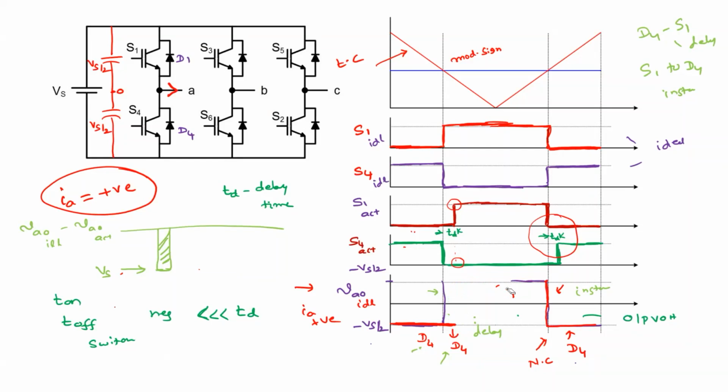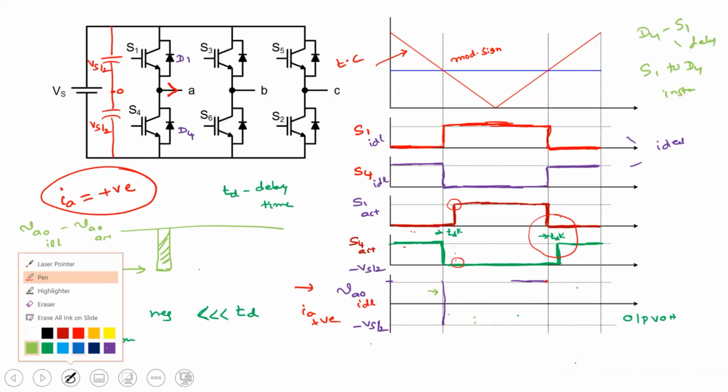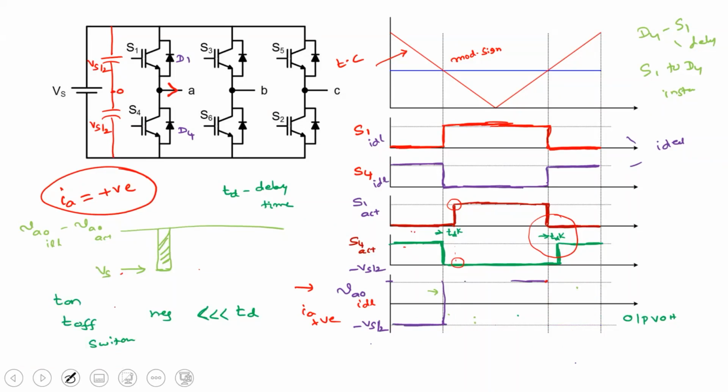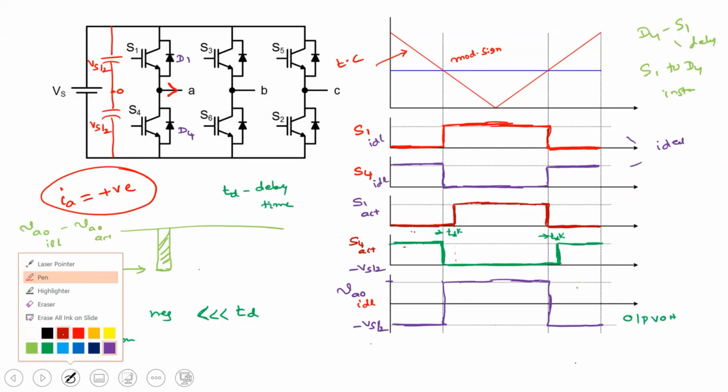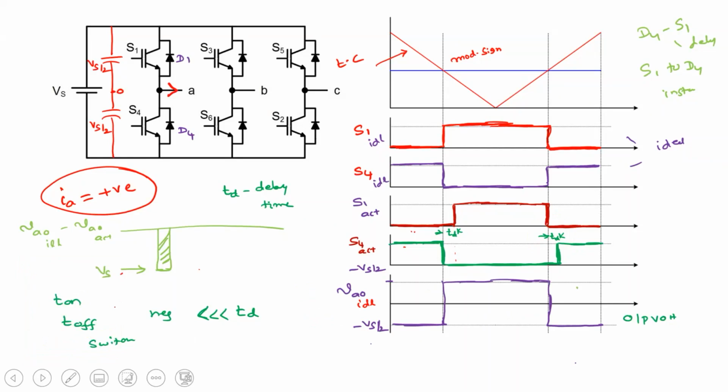This is for the positive current case. These are the ideal ones. These are the ideal transitions in the pole voltage.